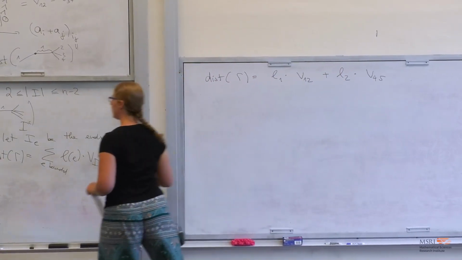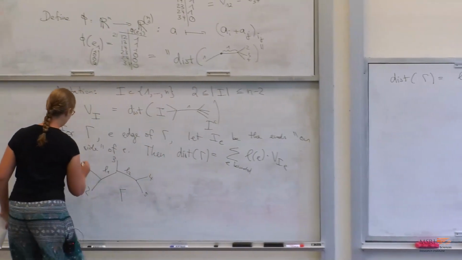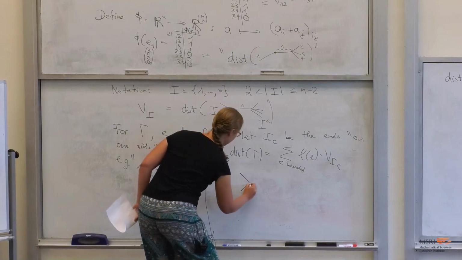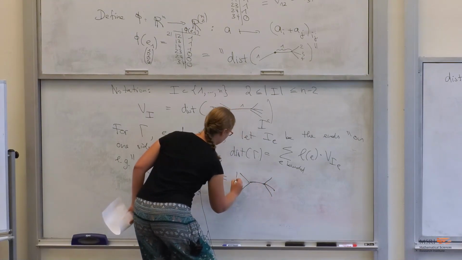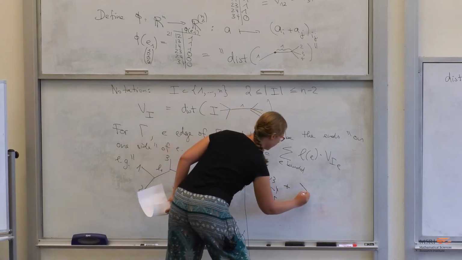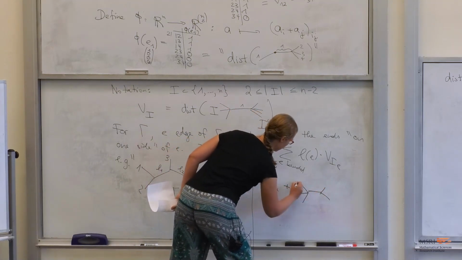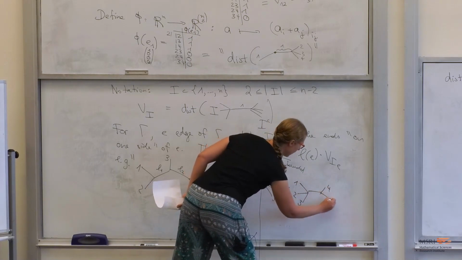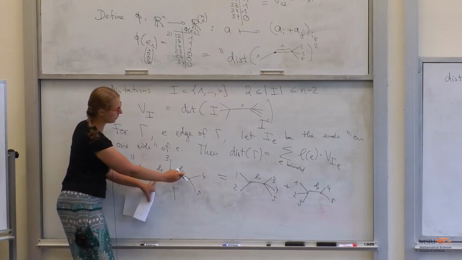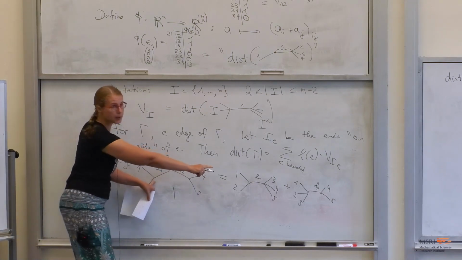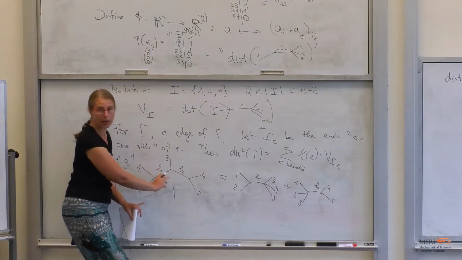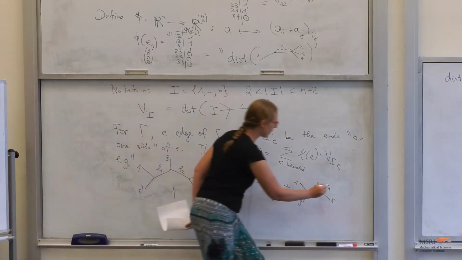And you can view this, again in quotation marks, in pictures. You can view this as the sum of this tropical curve with length L1 here, plus this one with 1, 2, 3, 4, 5 and L2 here. Yeah. So we're focusing on L1 first, shrink every other edge. That produces this ray, or we focus on L2 and shrink every other edge to produce that ray.